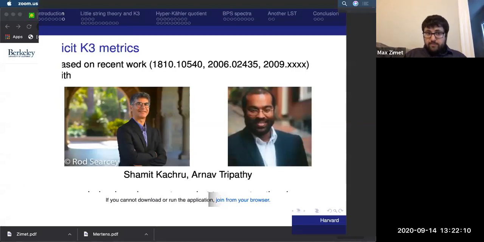So I'm going to describe for you today some recent work with Zimet and Arnav, where we have two constructions of K3 metrics. One of them, which I'll call the Higgs branch construction, is completely explicit, and the other one is missing some discrete data.